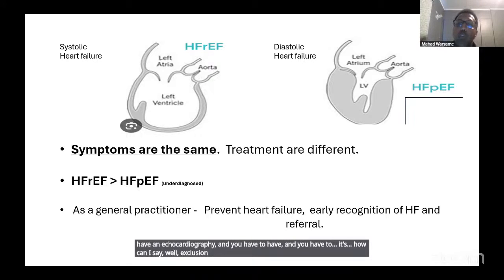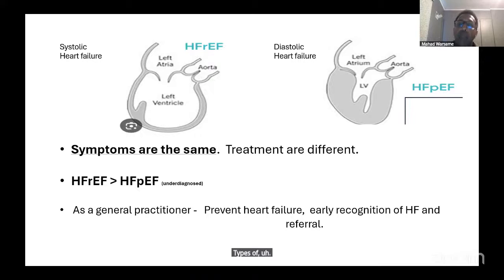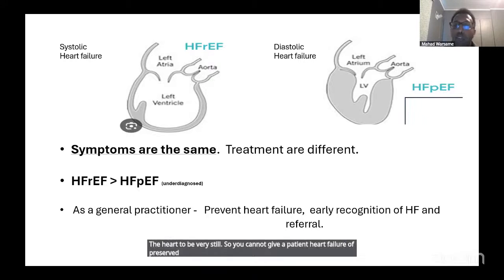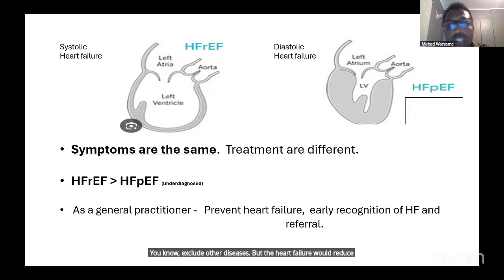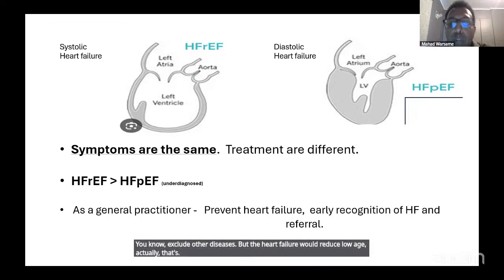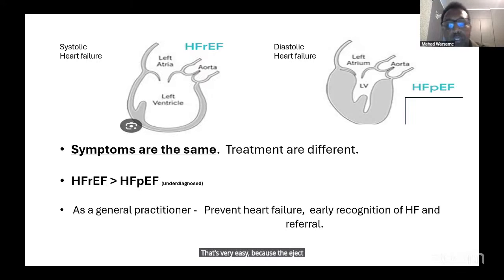You have to exclude other types of cardiomyopathy, other heart diseases that can cause the heart to be very stiff. So you cannot give a patient the diagnosis of heart failure with preserved ejection fraction before you exclude other diseases. But heart failure with reduced ejection fraction is very easy because the ejection fraction is reduced.